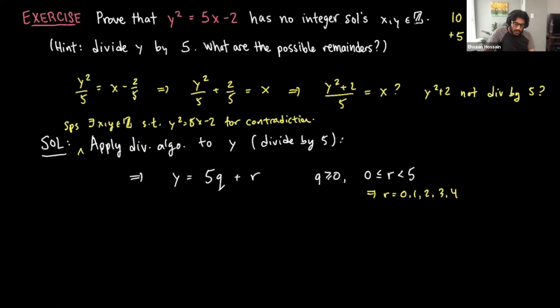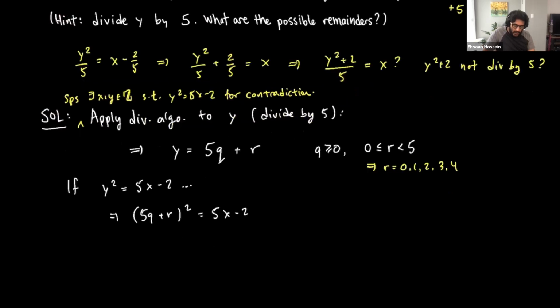So let's square both sides. So now if y squared equals 5x minus 2, what can I do? I can say that (5q plus r) squared equals 5x minus 2. Let's expand. 25q squared plus 10qr plus r squared equals 5x minus 2. Anyone get this far? Anybody know what to do next? Have an idea? I'm dividing by 5, so what should I try to factor?